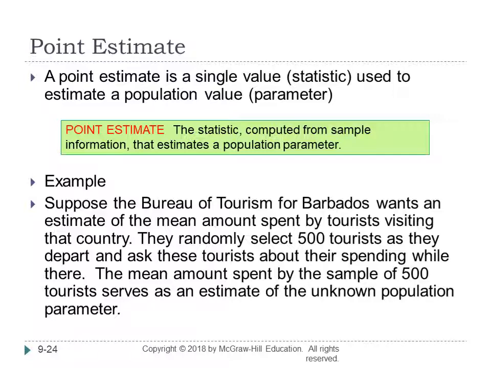The mean amount spent by the sample of 500 tourists now will serve as an estimate of the unknown population parameter. How much all the tourists are spending. You estimated that unknown value using a sample. The mean that you calculate for the sample is a point estimate for the population mean.